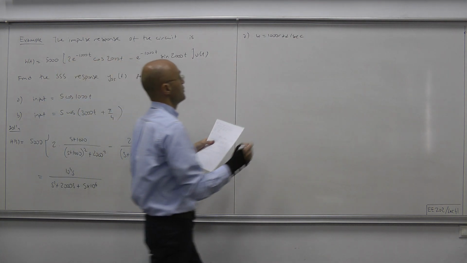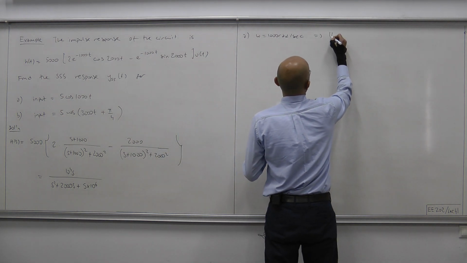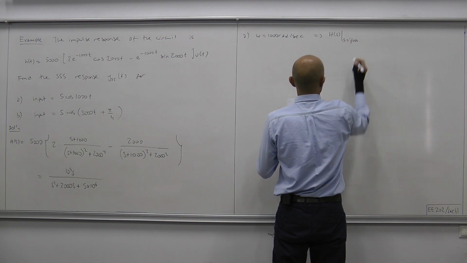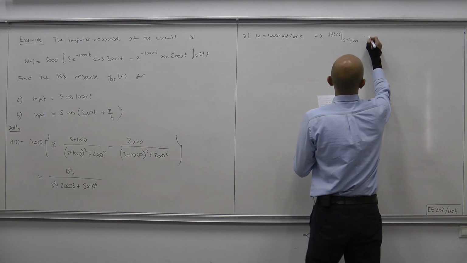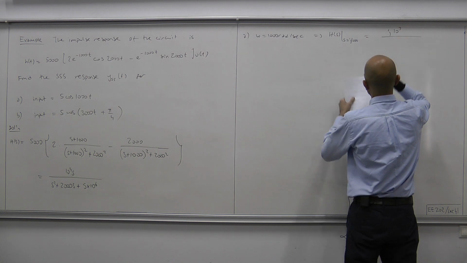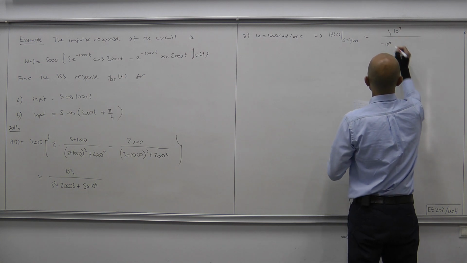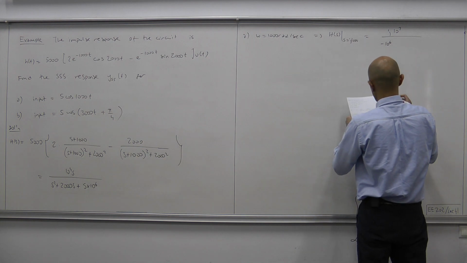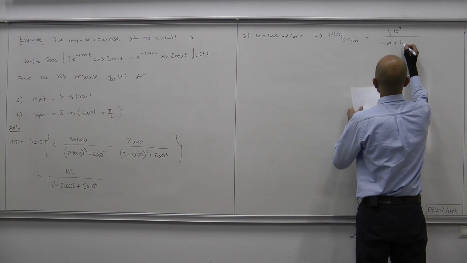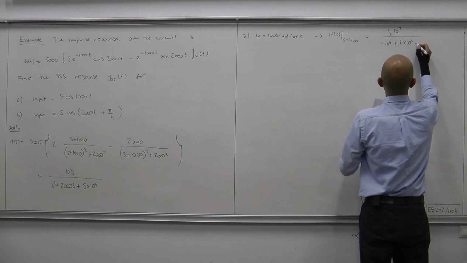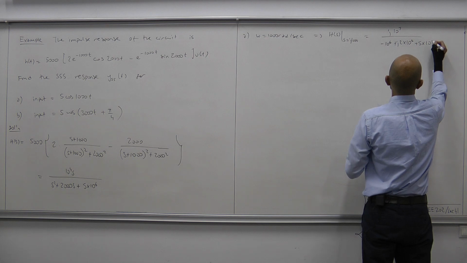That produces H(s) evaluated at s equals j1000, and that equals j10 to the 7 over minus 10 to the 6 plus j2 times million plus 5 million.